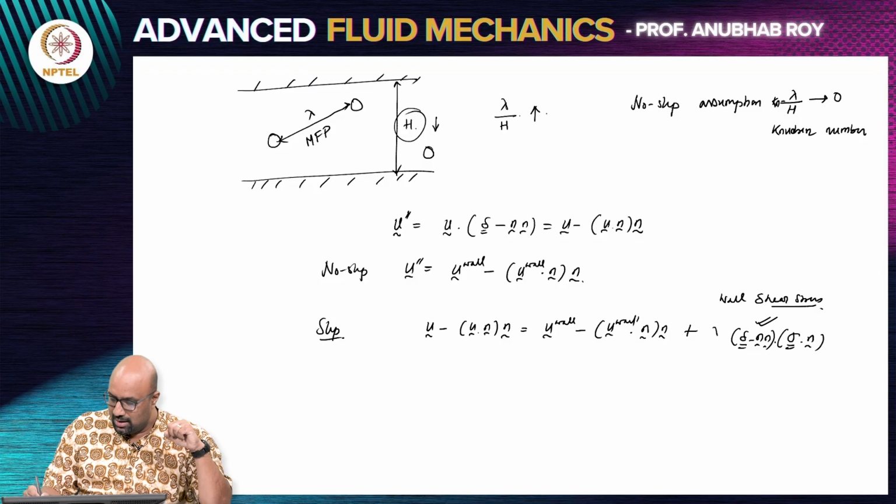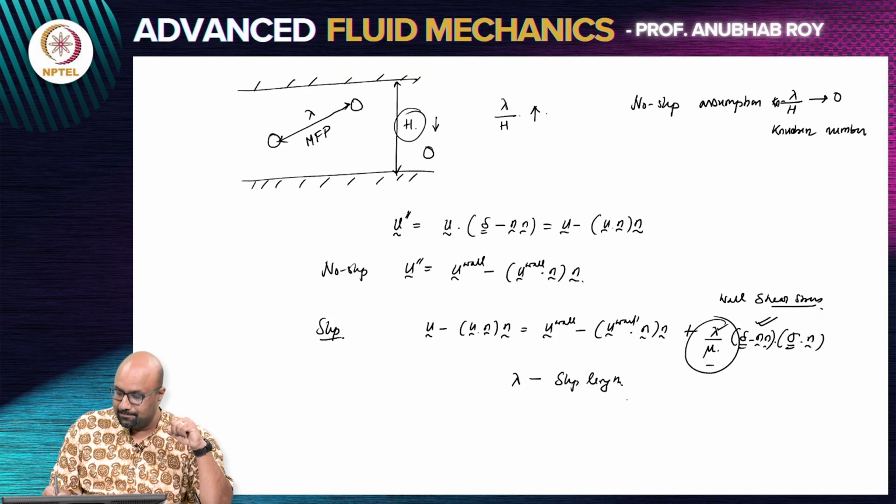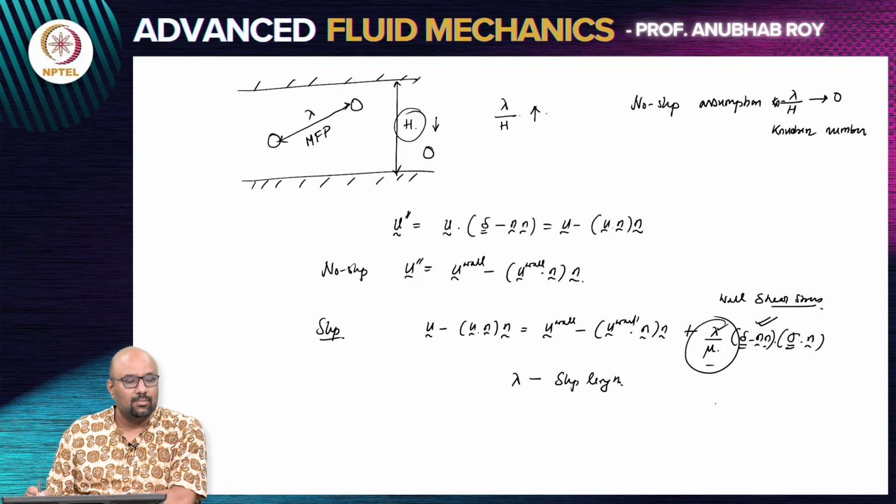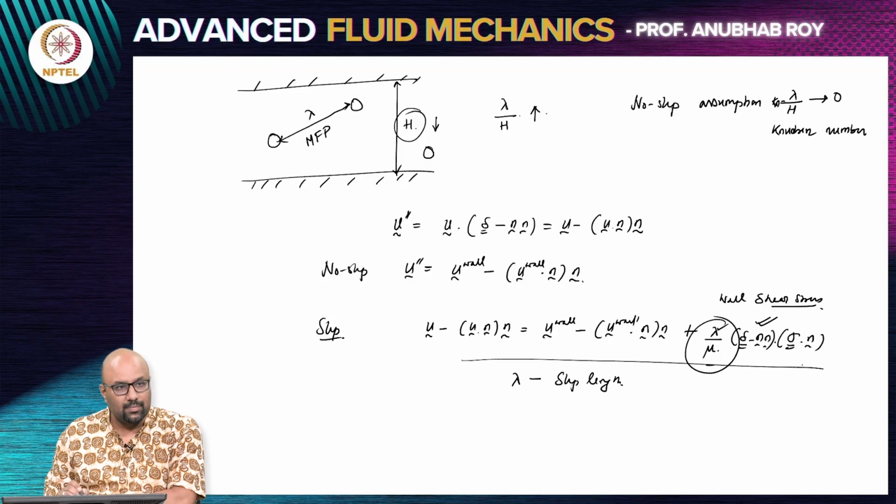Now, with the dimensional factor that takes care of it, mu is the viscosity and lambda has dimensions of length, which is known as the slip length. So, this quantity is the viscous part. We are looking at the shear stress here.